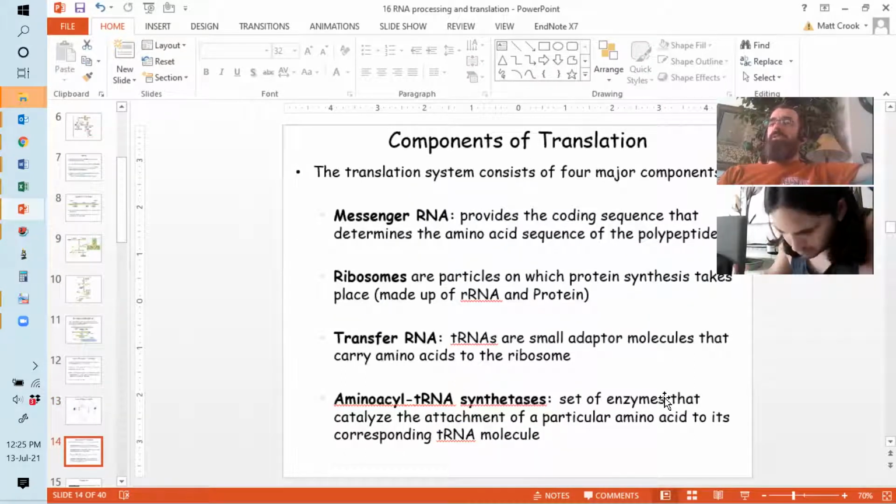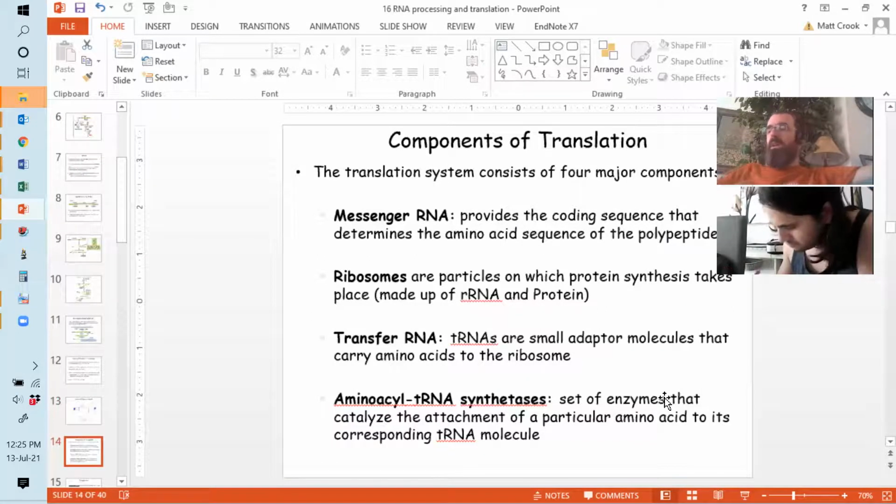So what we're going to do is give you a general overview of translation. What we typically do is talk about prokaryotes first, as with most of the things that we've learned.